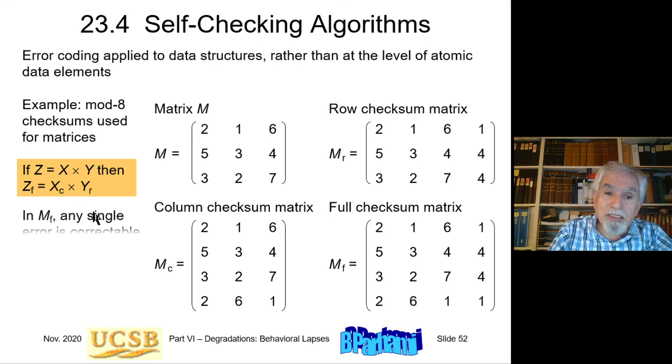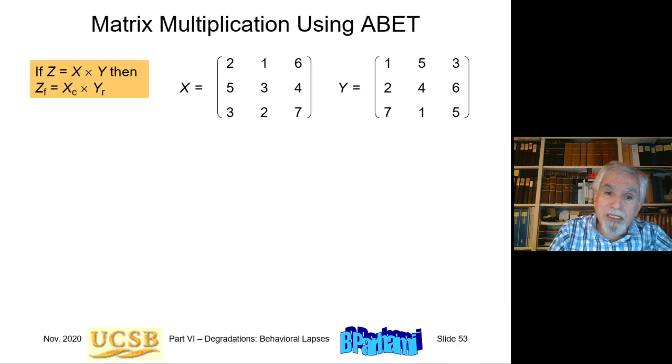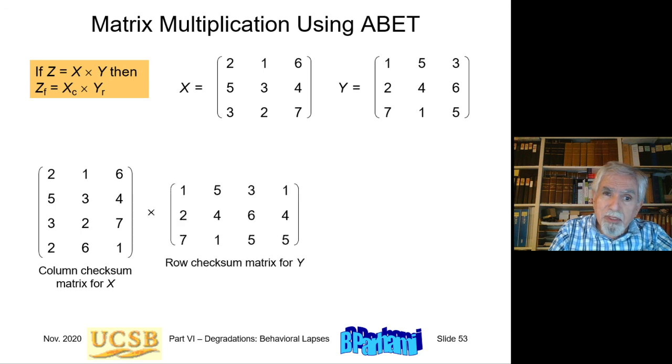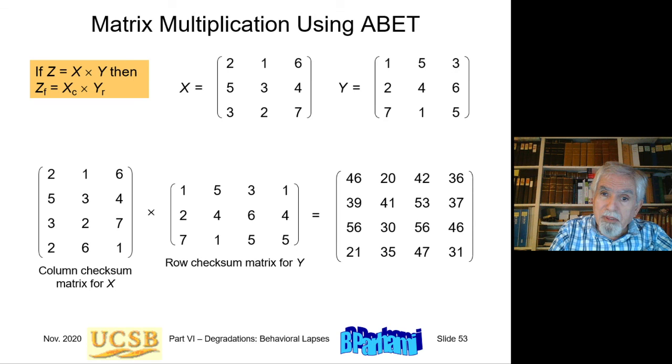So let's take, in the next slide, the example of this. So here are X and Y. Here is the column checksum matrix of X multiplied by the row checksum matrix of Y. And this is the product. So, let's say this element 46 comes from 2 times 1 plus 1 times 2 plus 6 times 7.